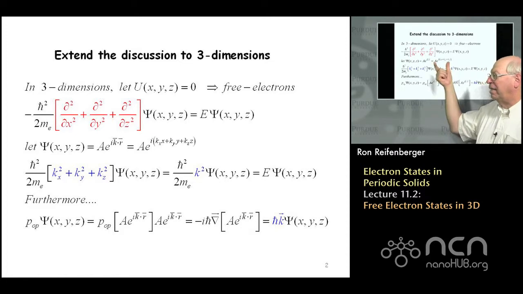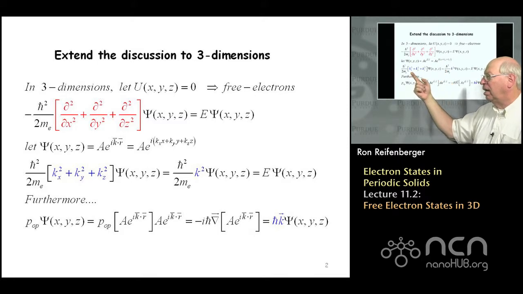And so if we write this wave function down and we put it back in the Schrodinger's equation, what we find is that the second derivatives with respect to x, y, and z just give the sum of the k vectors, kx squared plus ky squared plus kz squared.